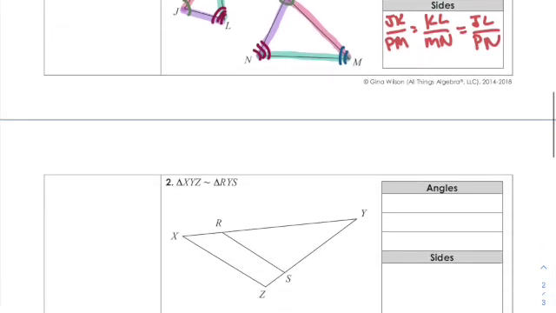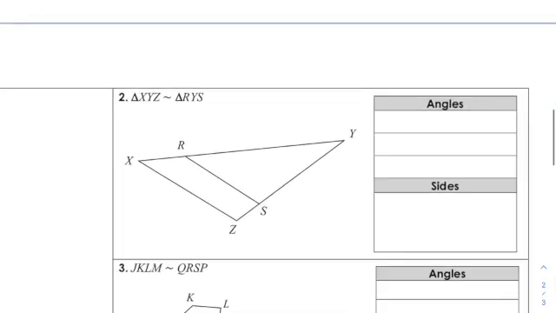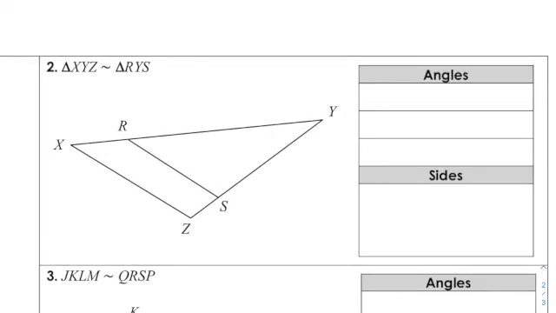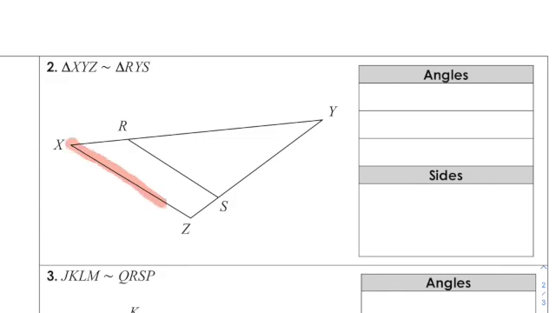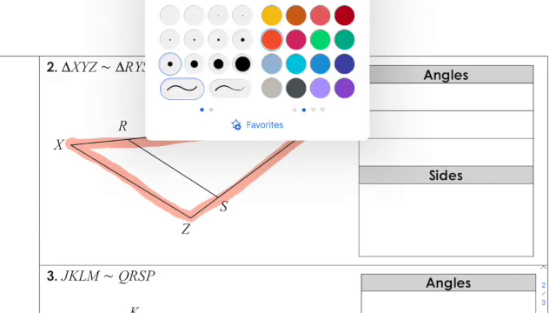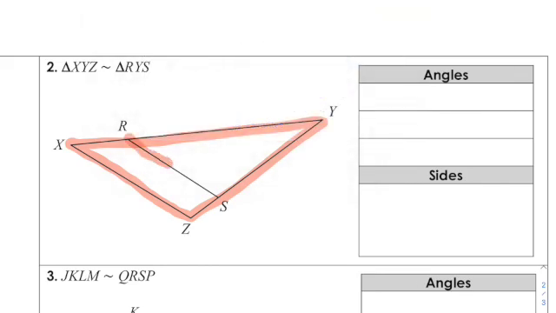Alright, let's move on to the next question. If you look here, the triangles this time are on top of each other, not separate. So it's a little harder to see, but if you highlight it, this is one triangle, this big one. And then we also have this smaller one, okay?